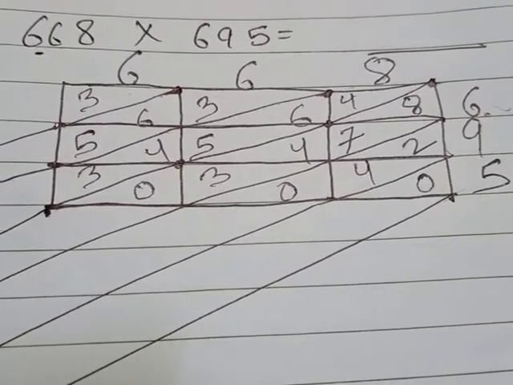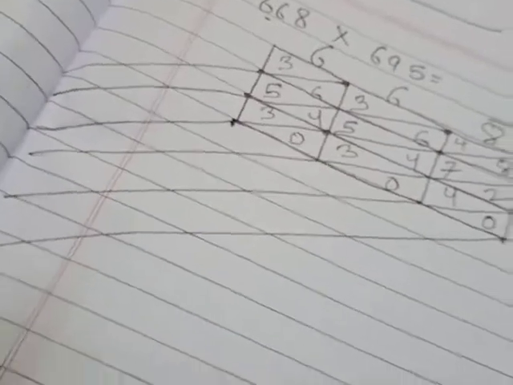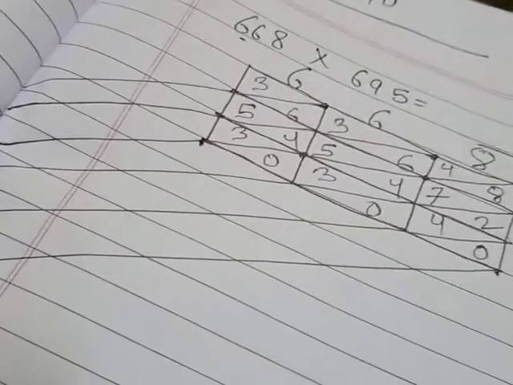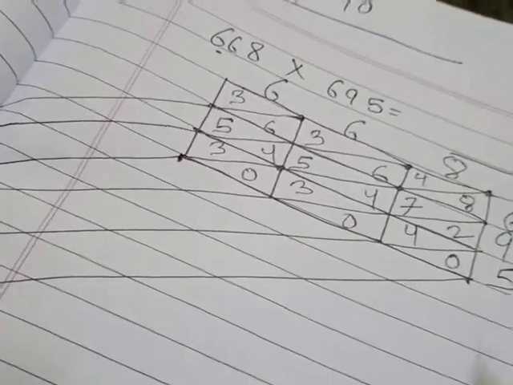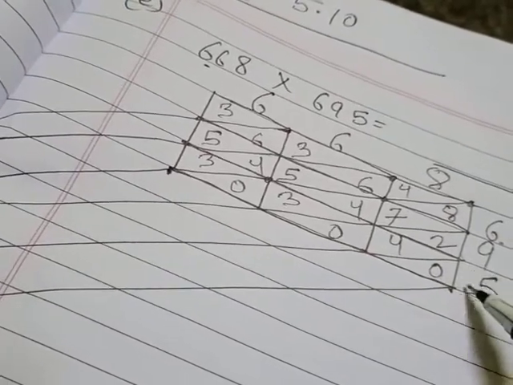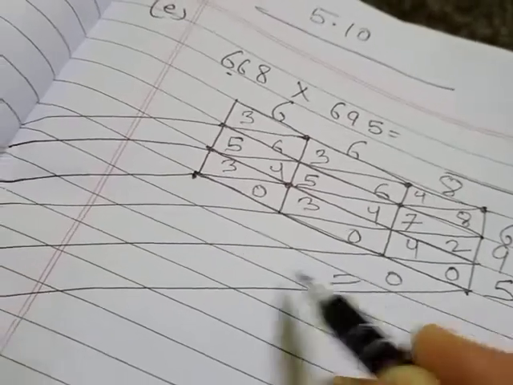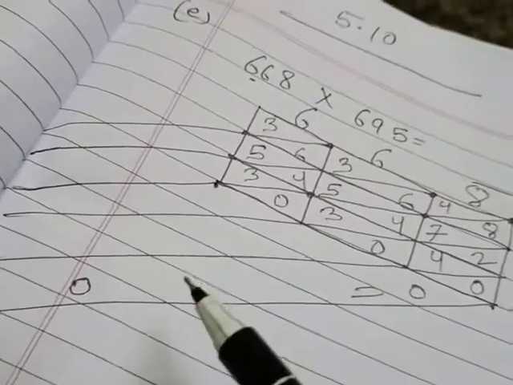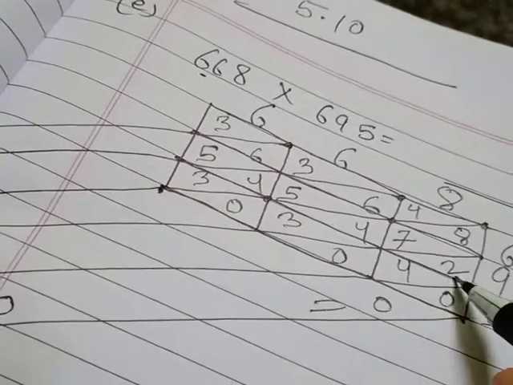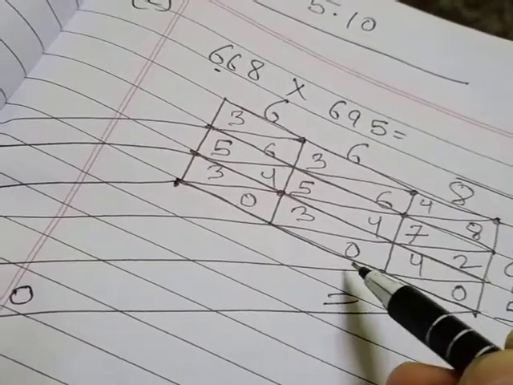After doing multiplication, what we have to do? Adding the given numbers and writing here in the lines which we have, right? So for adding, we will begin from this side. With this 0, we don't have any other number here, right? So 0 will be written here and the answer for 0 also will be 0 only. Moving forward, 2 and 4 and 0, these 3 together are given in one grid now.